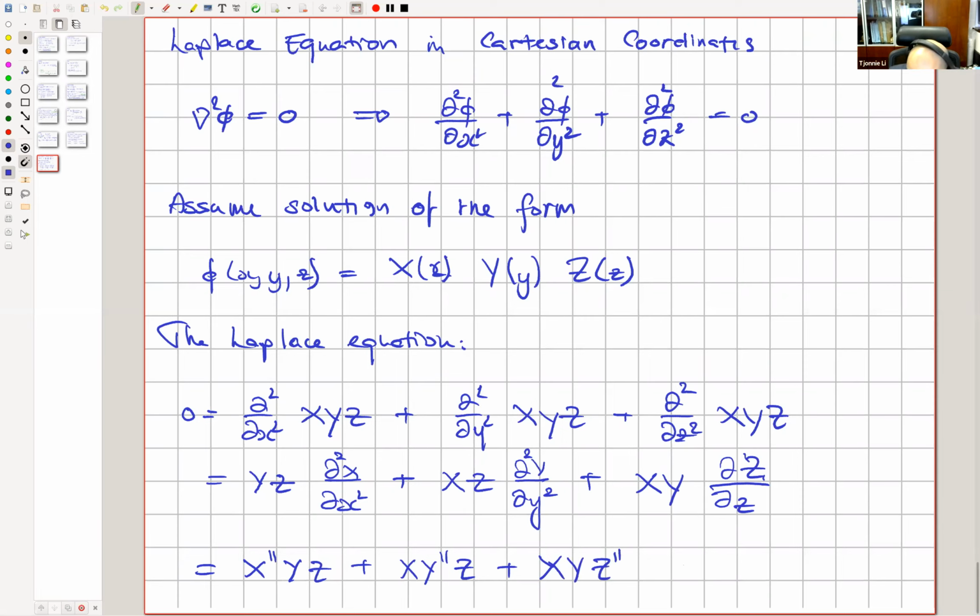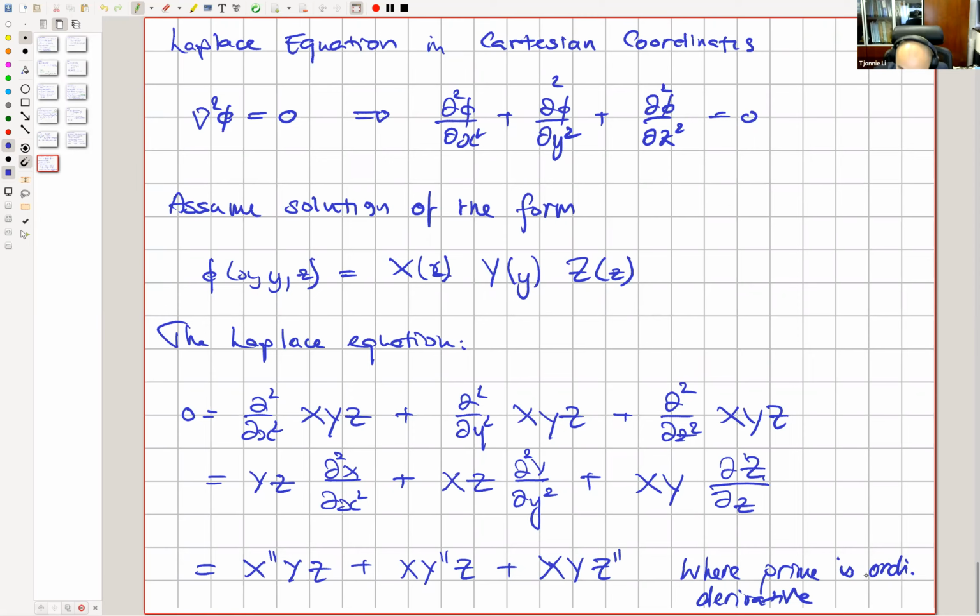Okay, in this case where prime is the ordinary derivative. Because again, remember, since X now only depends on small x, the coordinate x, the partial derivative turns into an ordinary derivative.